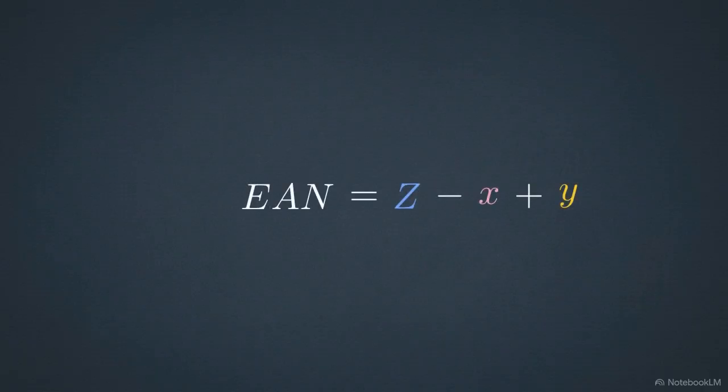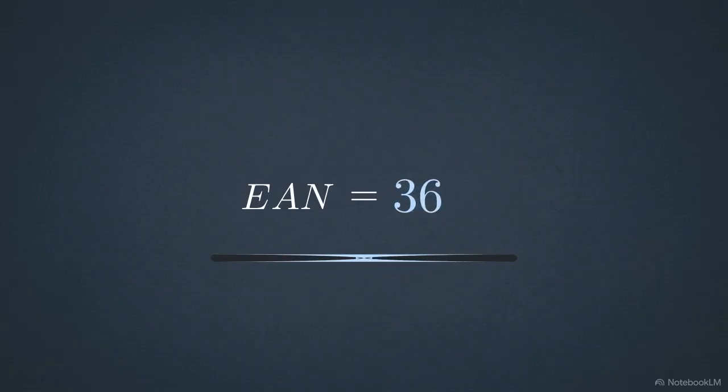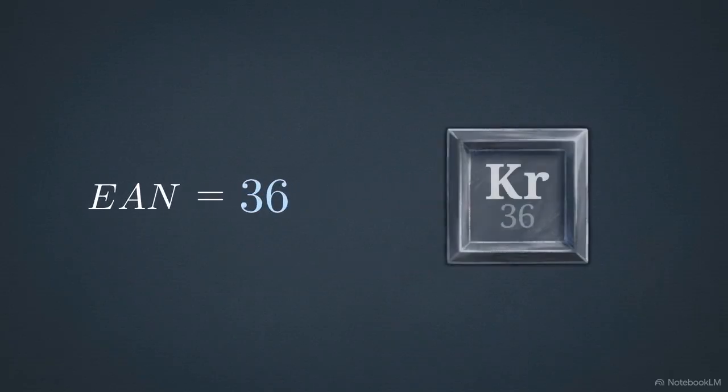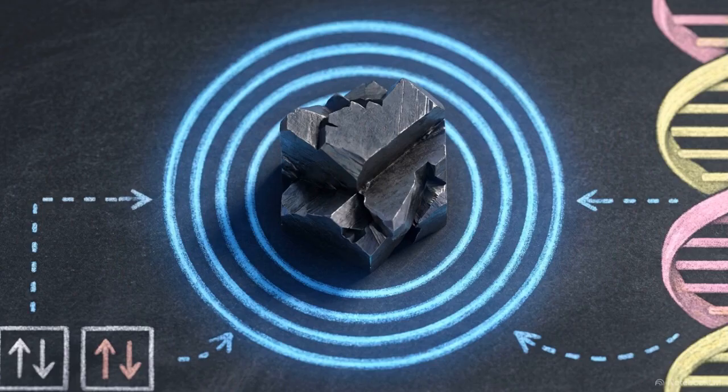The EAN formula calculates total electrons: Z minus oxidation state X, plus ligand electrons Y. For cobalt, Z is 27, minus an oxidation state of 3. 6 ammonia ligands donate 12 electrons. The EAN resolves to 36, matching the stable noble gas krypton. Coordination architecture is driven directly by the metal's thermodynamic desire to replicate the electron configuration of a noble gas.